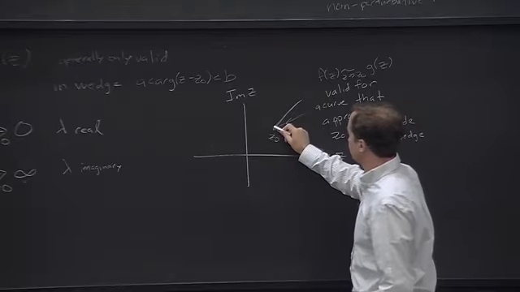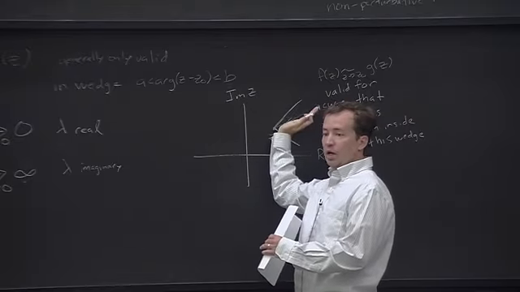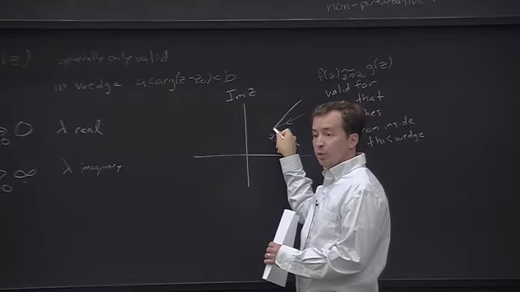That's what that's saying. So the argument of z is telling us about which angle we're approaching the limit point.